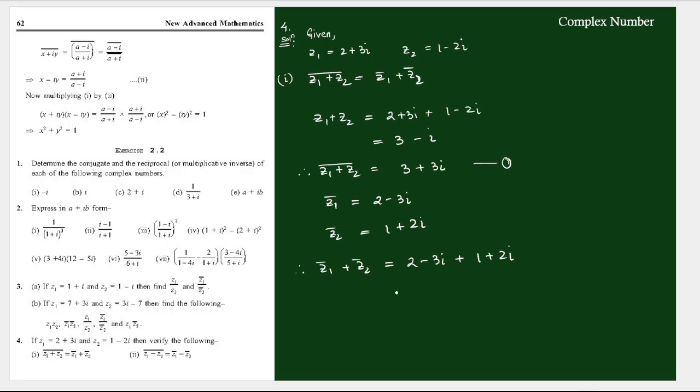So 2 plus 1 is 3, minus 3i plus 2i is minus i. Remember this is number 2. So from 1 and 2, we can say that the conjugate of Z1 plus Z2 equals Z1 bar plus Z2 bar.